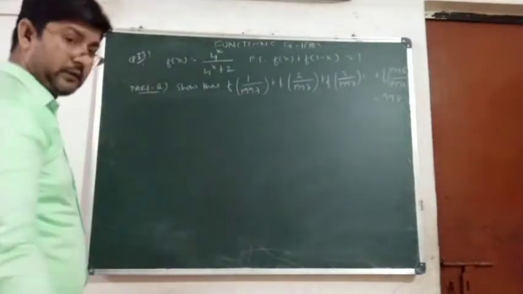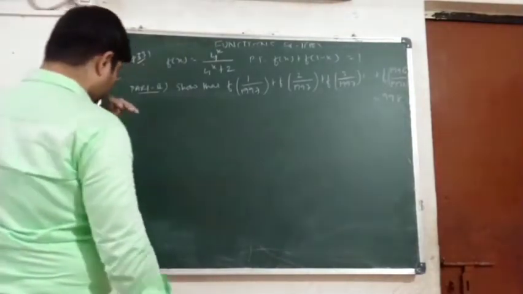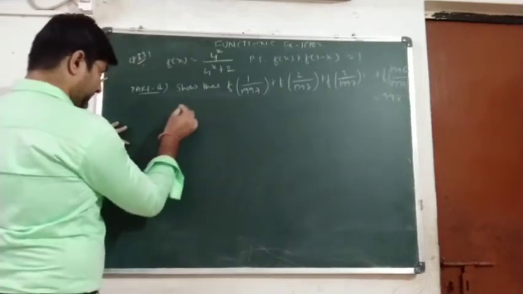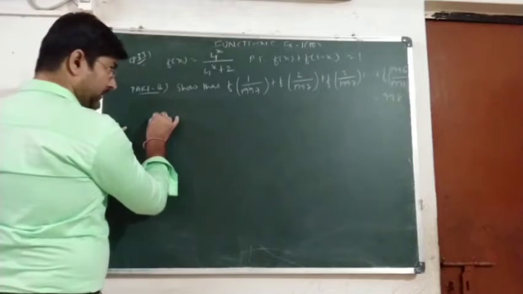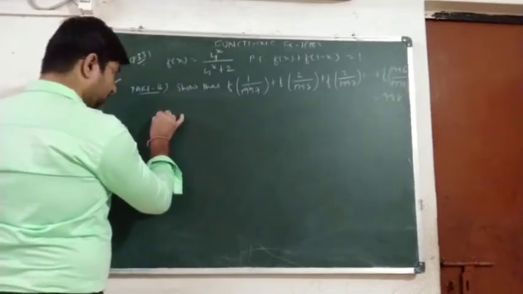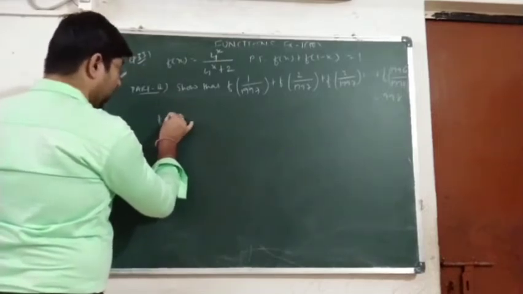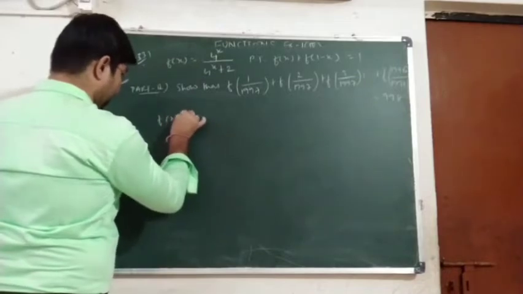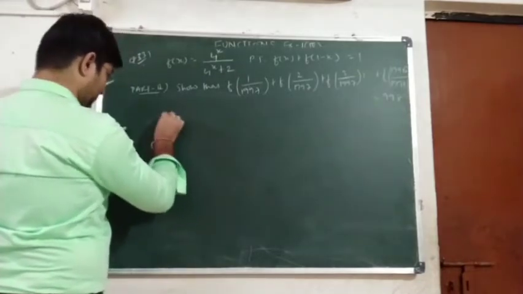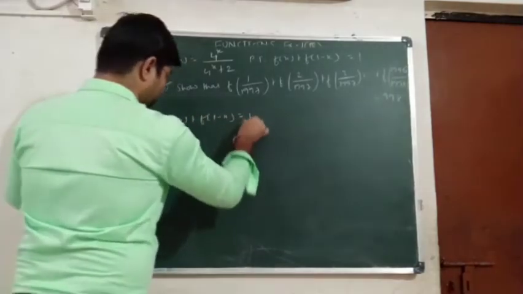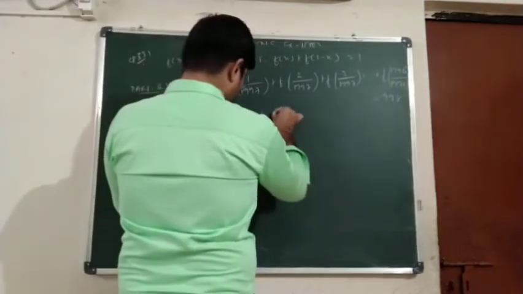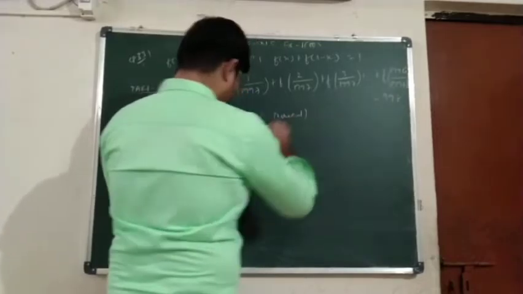Okay, now since we know that we have this result, f of x plus f of 1 minus x is equal to 1. This we have already proved in the first case.